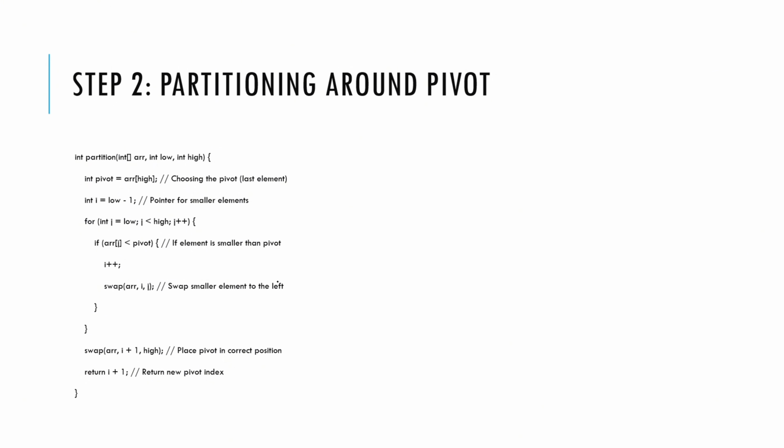This is the Java code that does the partitioning. It takes the low element, the high element, and the array of elements. We choose the pivot, the last element, which is length -1.